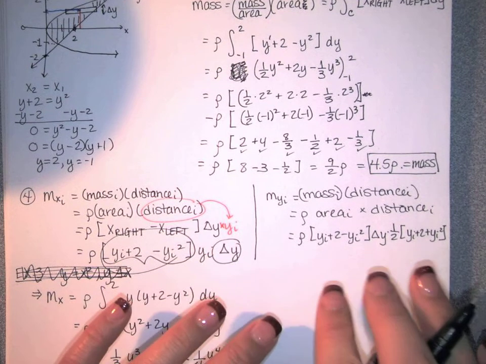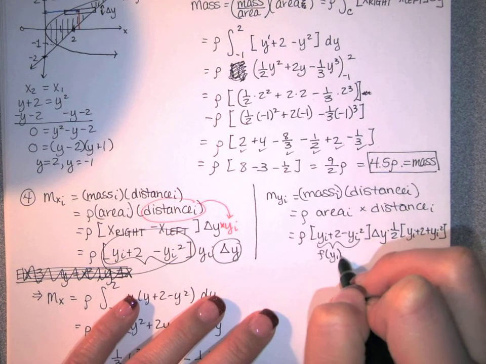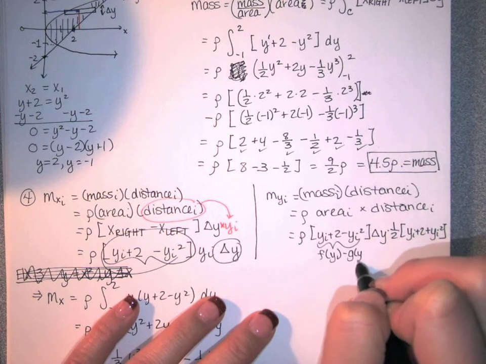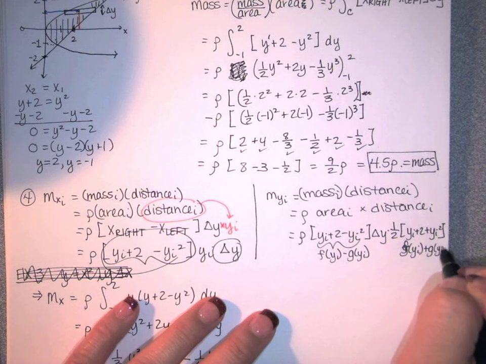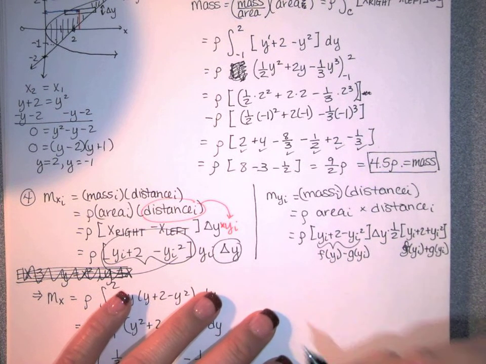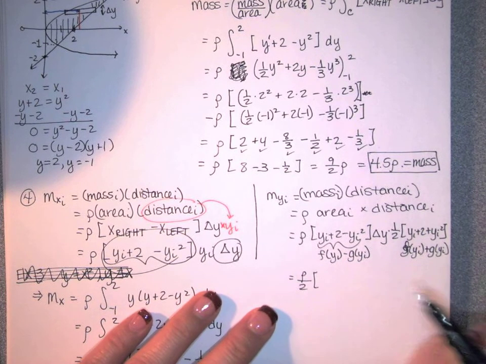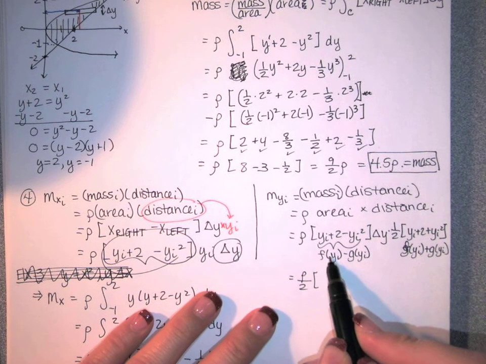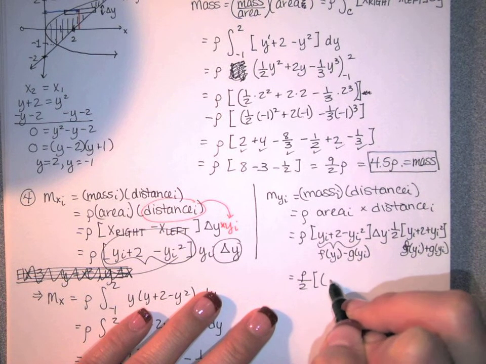I have avoided using these formulas, but this was f sub y minus g sub y, and this is f sub y plus g sub y. That's my right minus left and right plus left. If you want, you could simplify the algebra. You're just going to end up with a minus b times a plus b, which is a squared minus b squared.